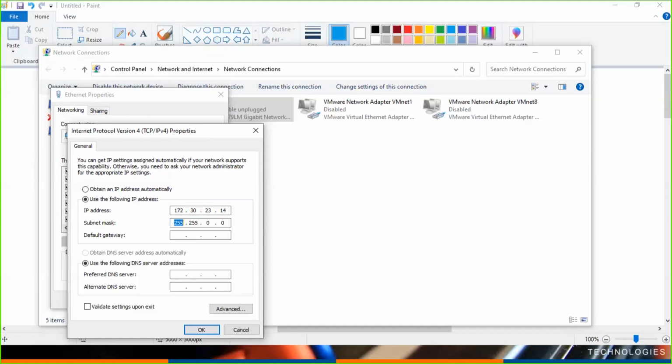For practice, we have software to practice assigning class A IP, class B IP, or different IP addresses between two devices. You can use the Packet Tracer tool.